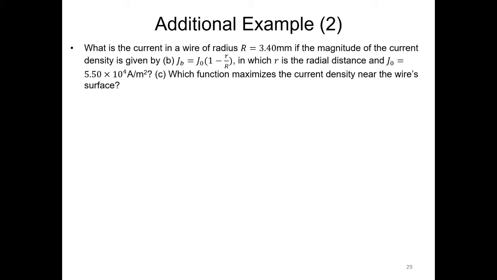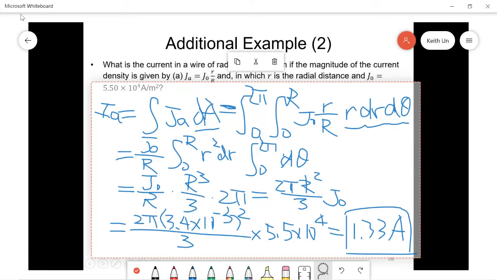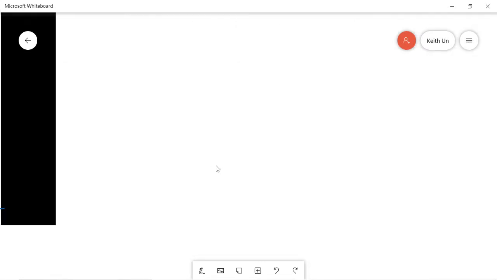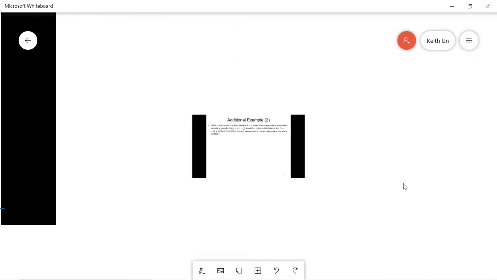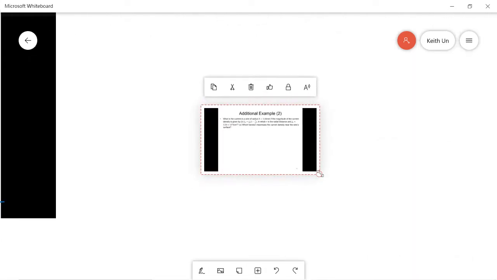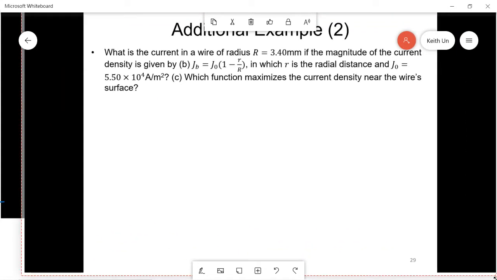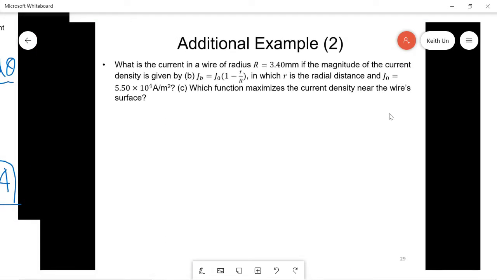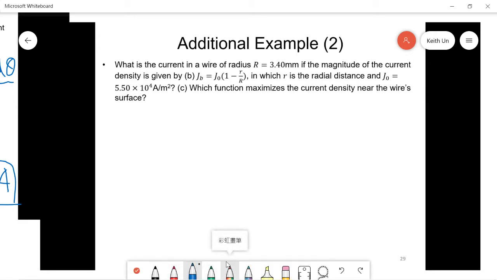Okay, for this one, this is quite similar.